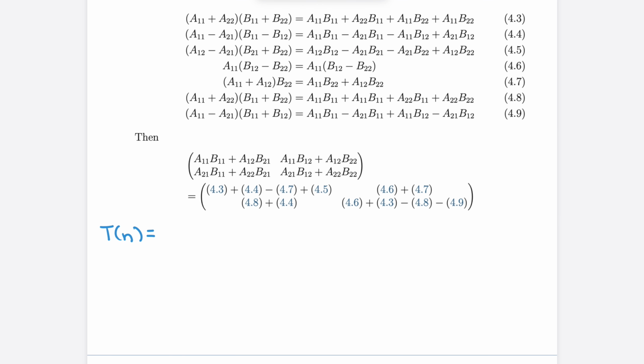recurrence tree. So if I modeled this, first, what would be the recursive equation? 7T of n over 2 plus O of n squared, which really represents linear time because it's a dense matrix of n by n.